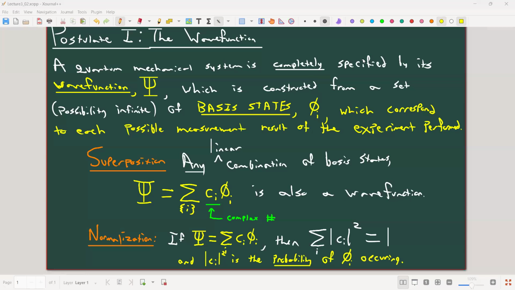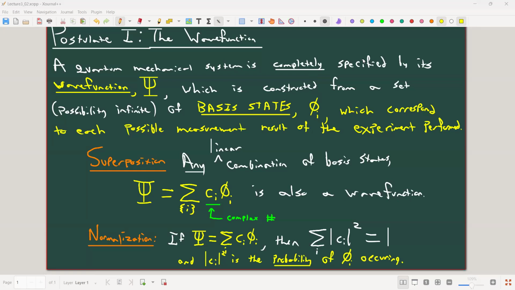Wave functions satisfy more properties than this, but these are the 2 that are relevant for us right now. One is superposition, which says that if I have a set of basis states, I can combine them linearly and just add them together any way I want. The output of that is also a wave function of the state.